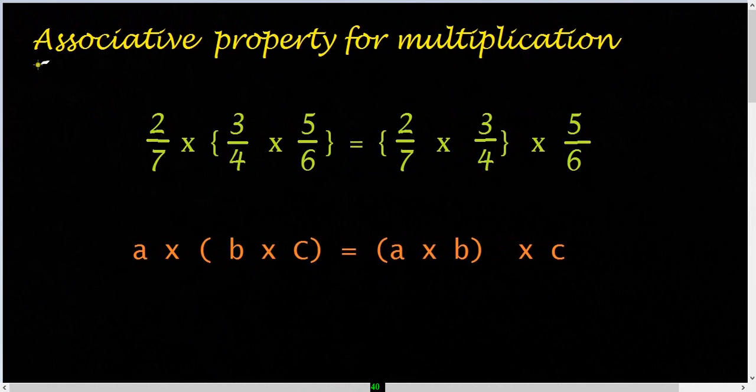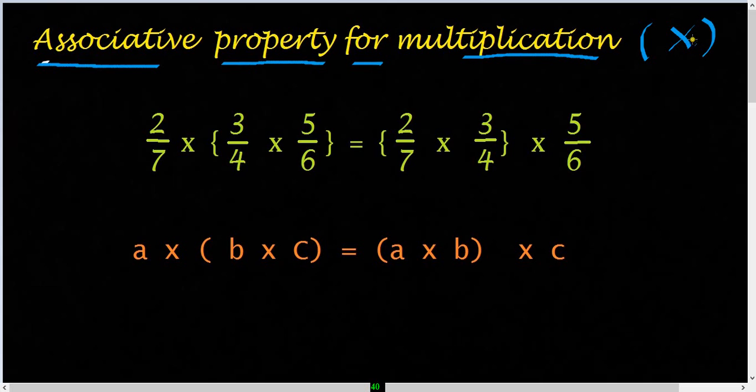Next is the associative property for multiplication. Again, it is associative, meaning you have three numbers. If you see the example here, in the place of plus, now it's multiplication: b into c. First multiply b into c and then multiply with a.